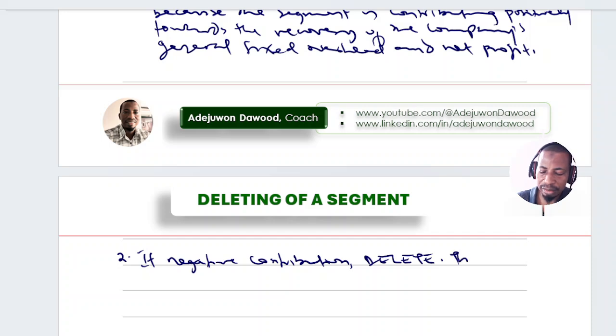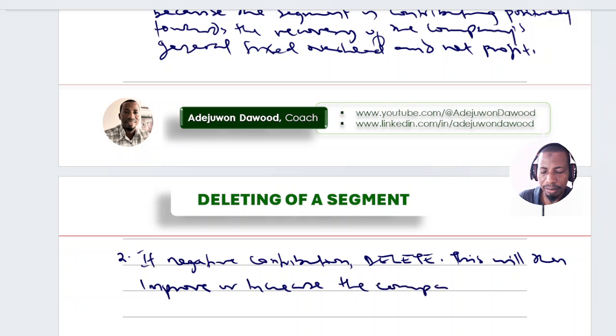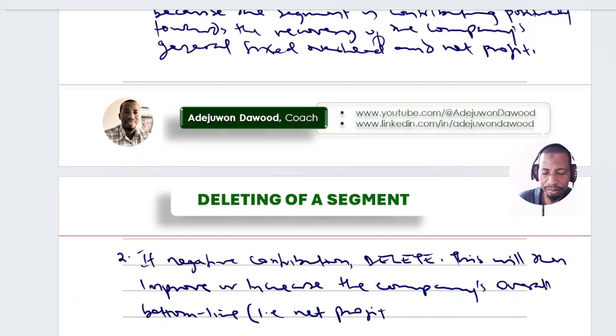This will improve or increase the company's overall bottom line, that is net profits, because a negative contribution will impair the bottom line of the company.